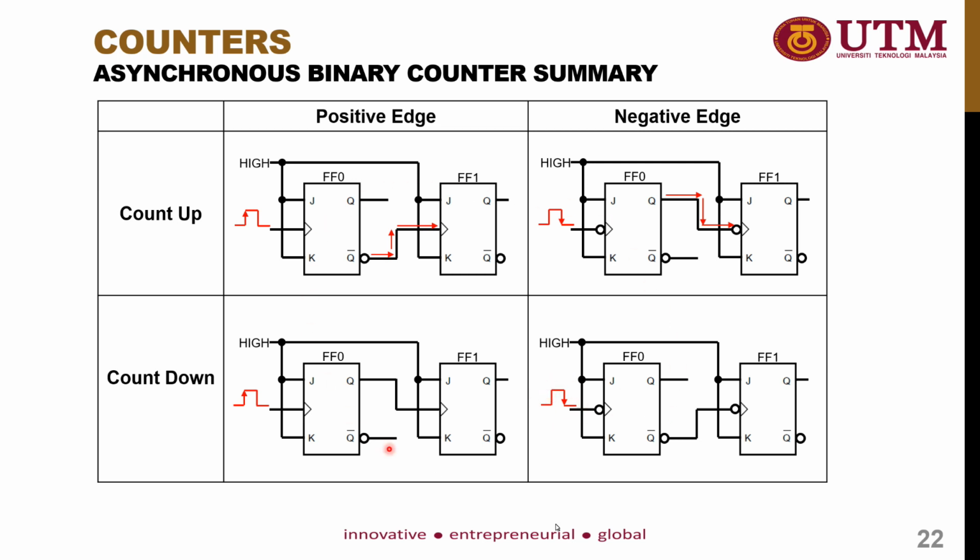So from here, you can see that if we want to design our counter based on a specific function, we need a specific connection based on the type of our flip-flop, whether it is positive edge or negative edge. You must know how to determine the circuit connection in order to design the correct counter circuit.